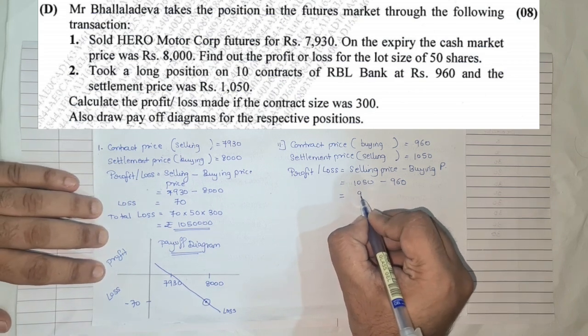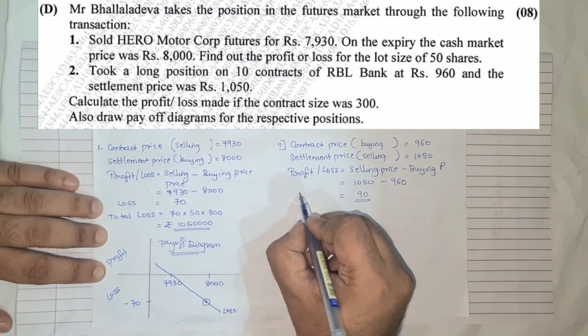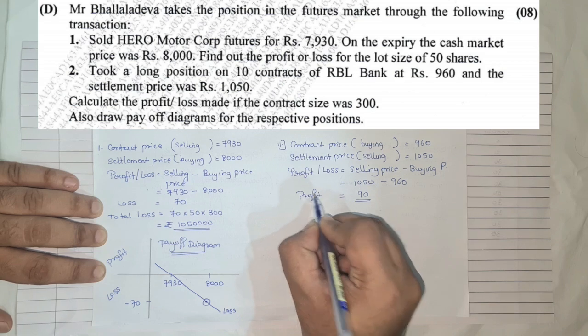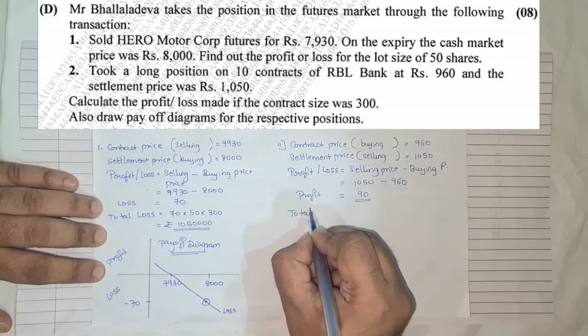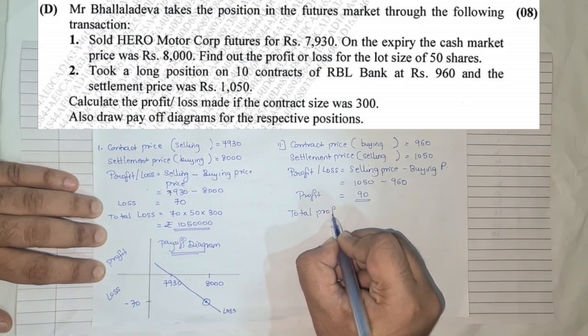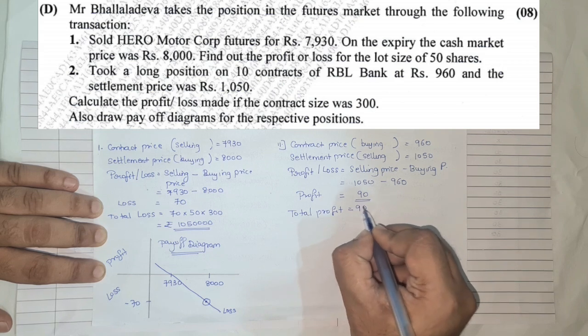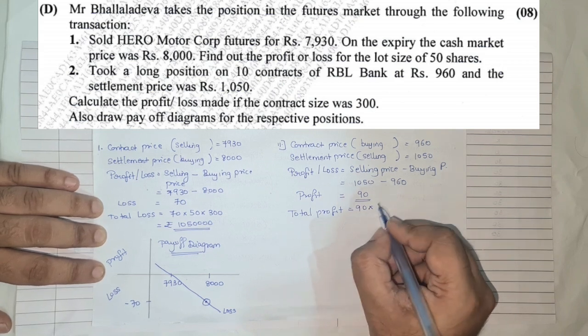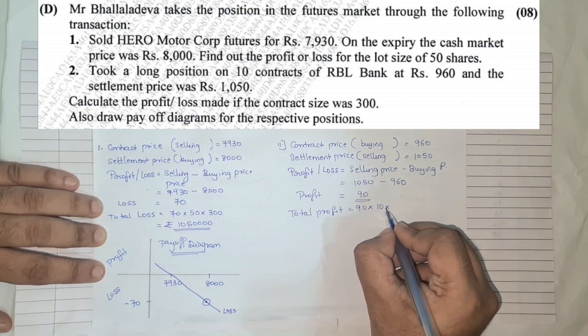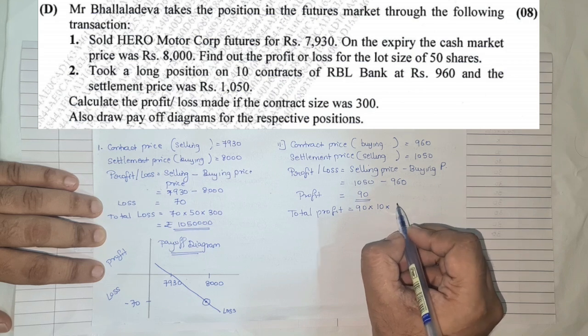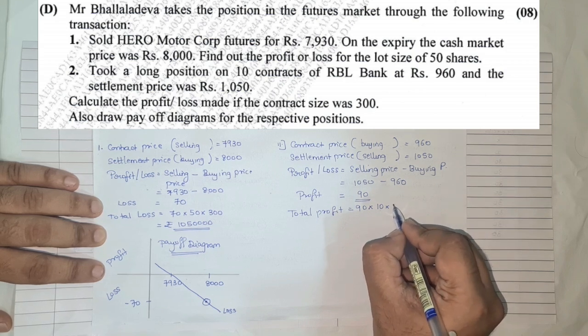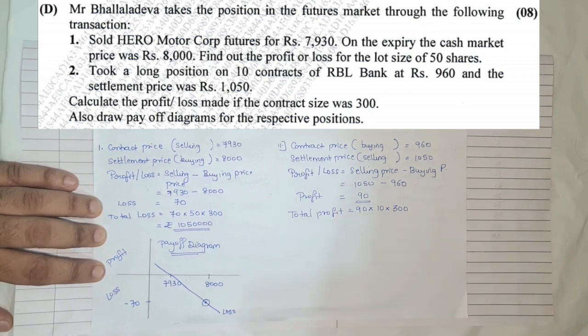So we have a profit of rupees 90. So let us find the total profit. Therefore total profit is equal to 90 into the contract was of 10 contracts and the contract size was 300. So we have 90 into 10 into 300.